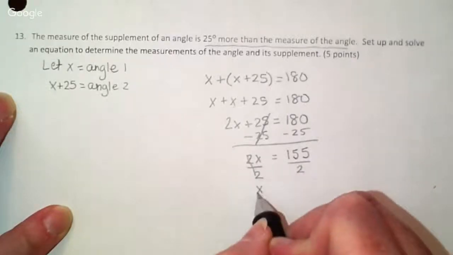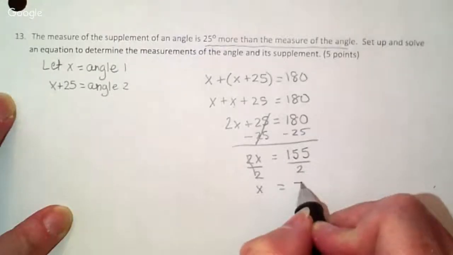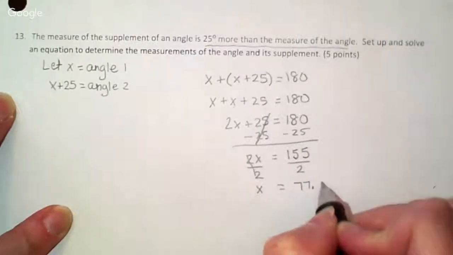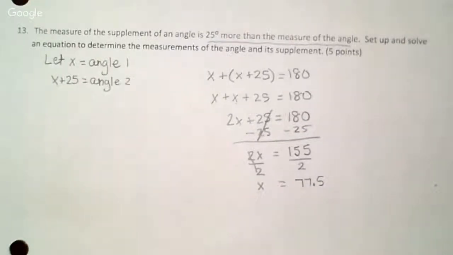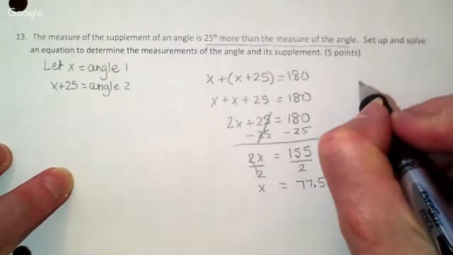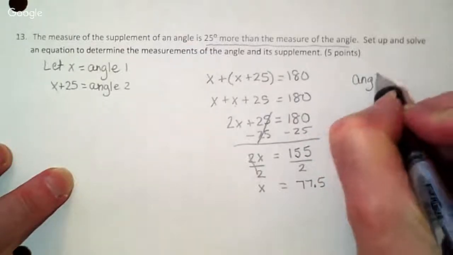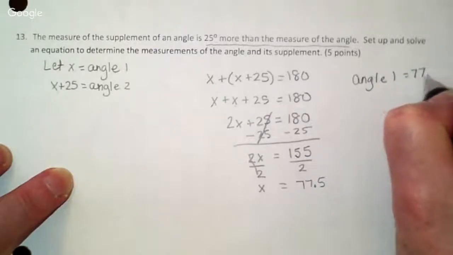We have x equals 77.5 degrees. Always double check your work. So in this case, angle 1 is 77.5 degrees.